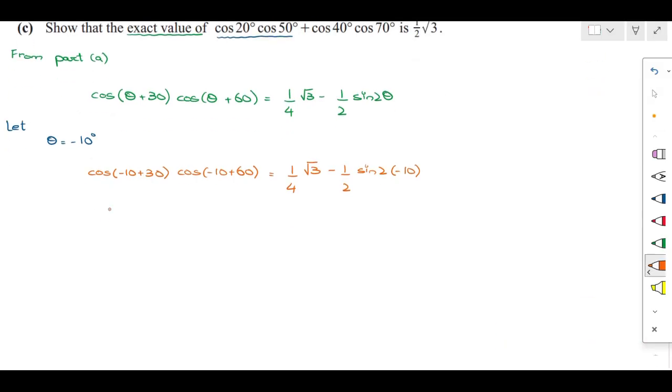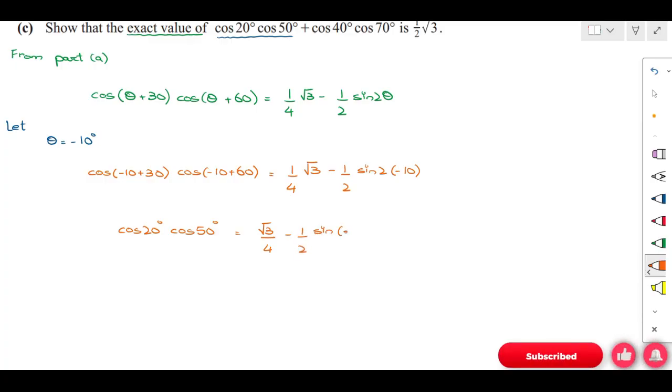Okay. So here we have cos of 20 degrees and cos of 50 degrees. This is square root of 3 divided by 4 minus 1 by 2 sine of minus 20 degrees.